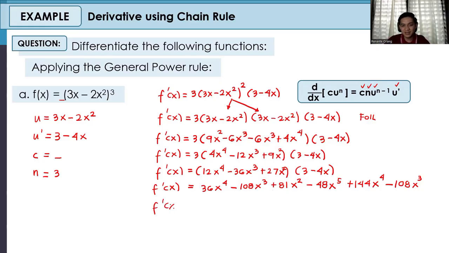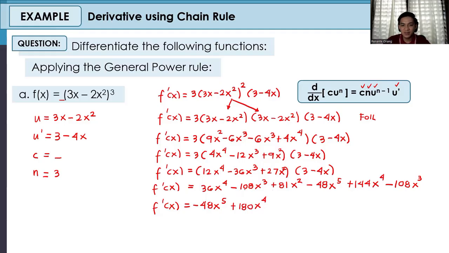F prime of x is equivalent to, unahin natin yung mas malaki yung kanilang exponent. We have negative 48x raised to 5. Next is 36x raised to 4 plus 144x raised to 4 is equivalent to positive 180x raised to 4.